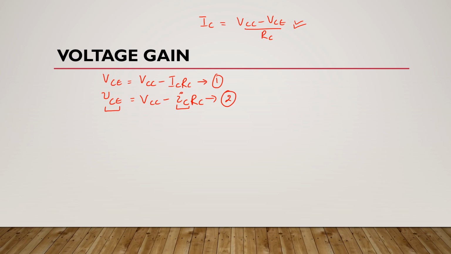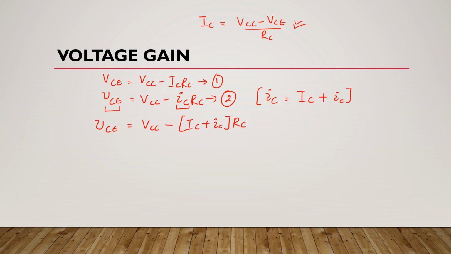From our previous lecture, we know that this instantaneous collector current is equal to DC collector current plus AC or time varying collector current. Now, if we substitute this value in equation number 2, we get VCE equals VCC minus (IC plus AC collector current) multiplied by RC.